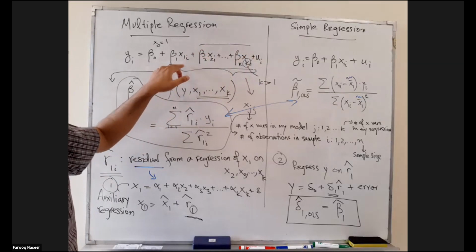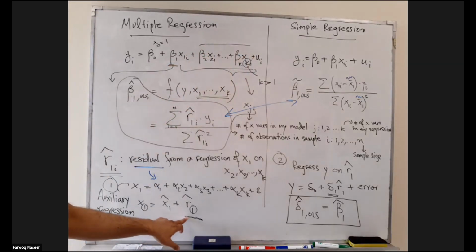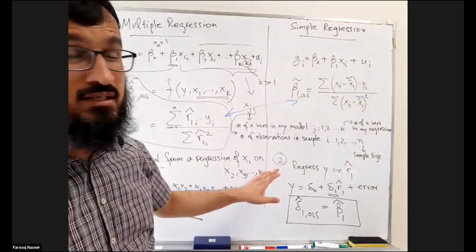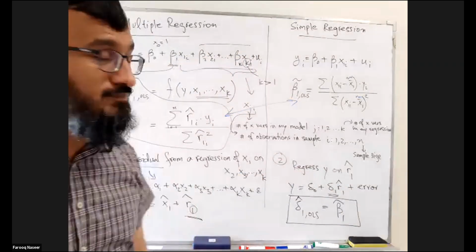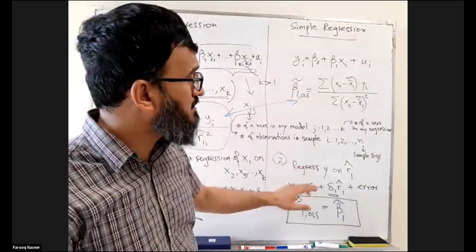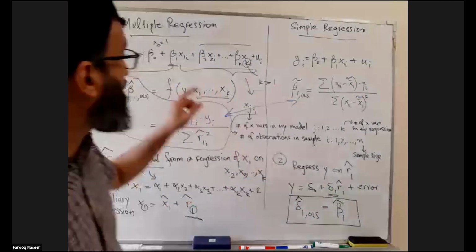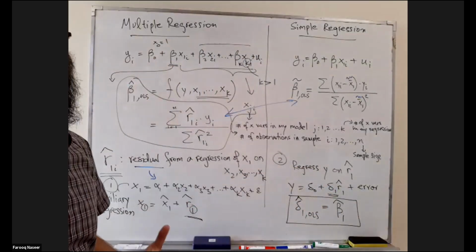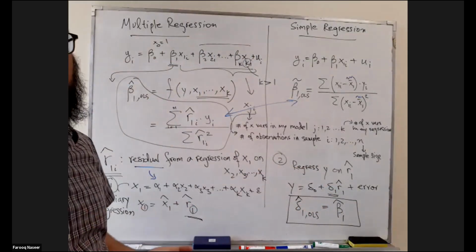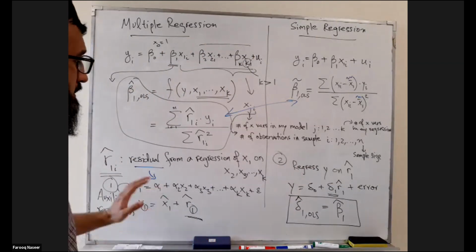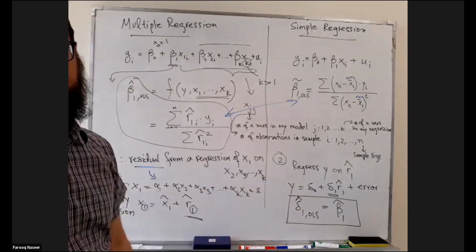We call that residual r1 hat. In the second stage, you run a simple regression of y on r1 hat. The slope coefficient of that second stage regression will be the same as your multiple regression estimate. So effectively, you can obtain the multiple regression estimate of beta 1 using this two-stage procedure instead.